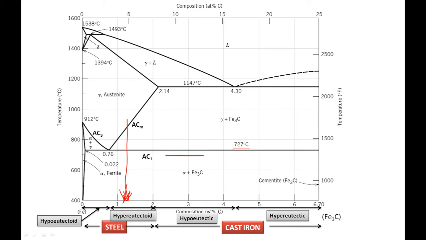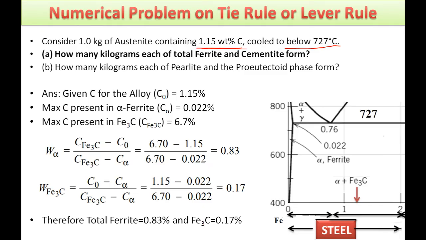That means this point is mentioned in the question. I have drawn this diagram here to solve the problem. Now we have to find how many kilograms of total ferrite and cementite form. How much ferrite and cementite will we get?